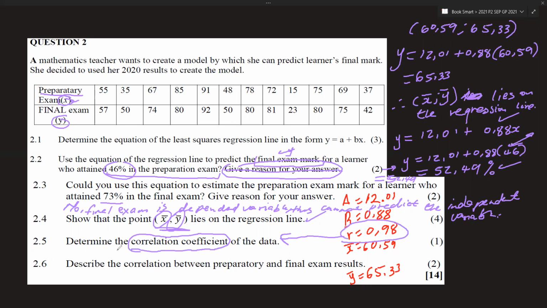So if it's close to +1, when describing the relationship you're going to say very strong positive linear correlation. If it was close to -1, you'd say very strong negative linear correlation. If it's close to 0, you say weak correlation. Does that make sense?